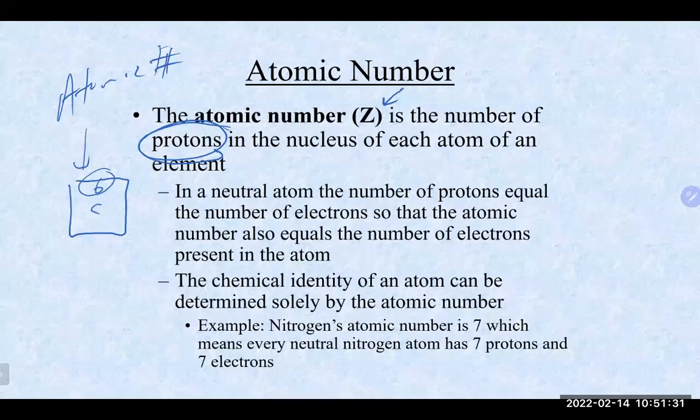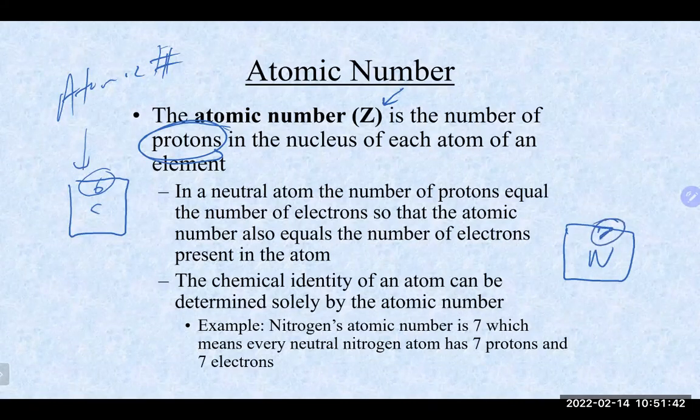Again, we can look at nitrogen. When you look at nitrogen, you see the 7, and that means that a neutral nitrogen atom should have 7 protons and also should have 7 electrons. Any questions about that?